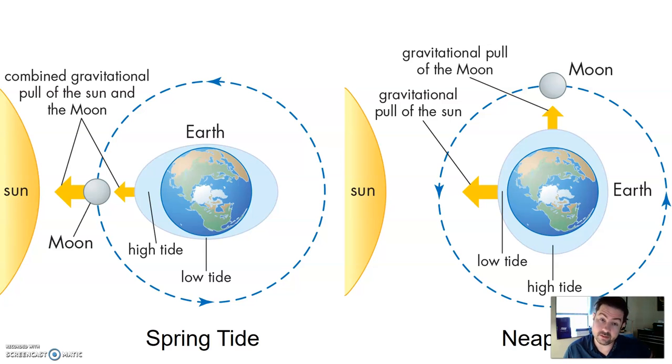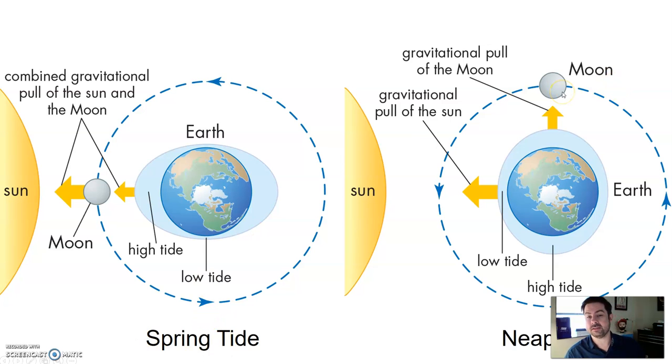Well, the sun and the moon. Now, what you see here is not to scale, not to size, not to distance, but we're looking at the gravitational pull of the sun and the moon. When those two things work together, the gravitational pull of the sun and the moon, they create high tides and low tides, known as spring tides.